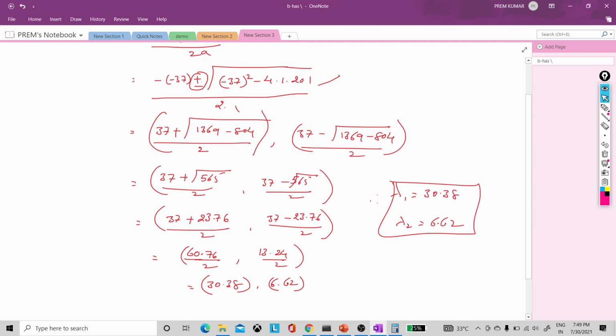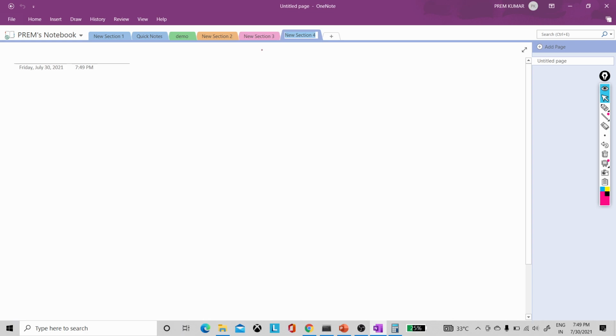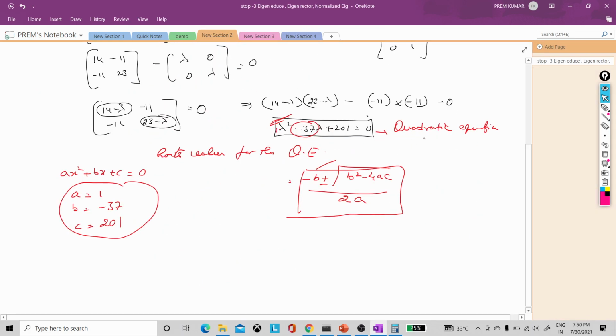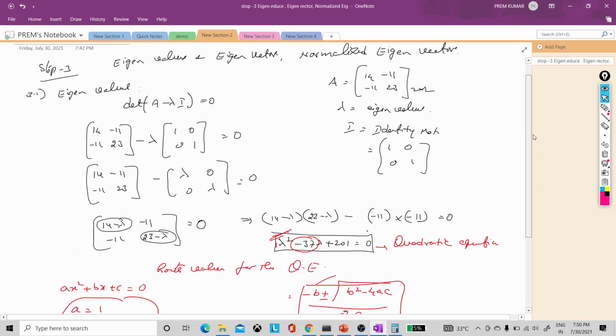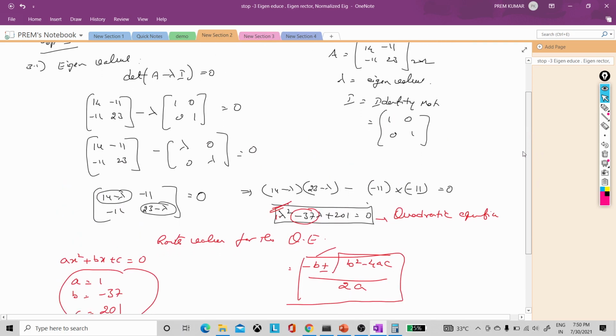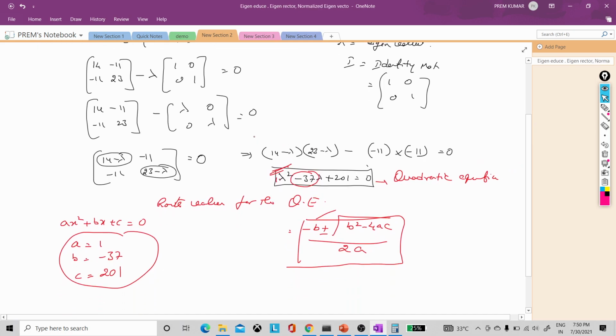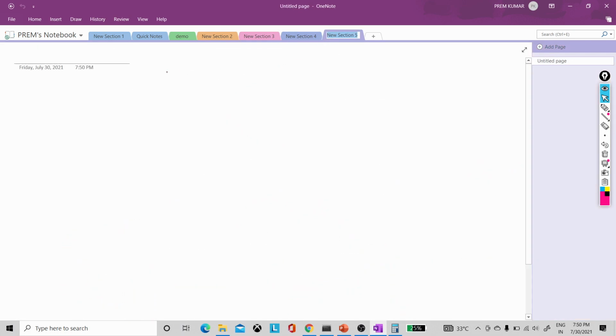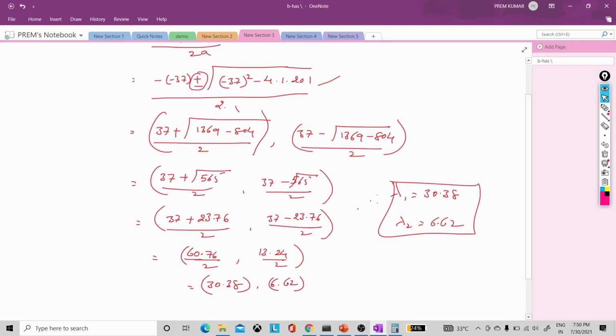Next we need to find the eigenvectors. What we did till now: we found the eigenvalues, which are 30.38 and 6.62.